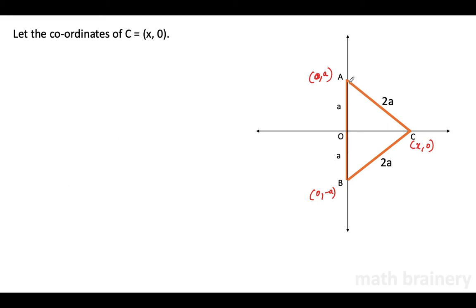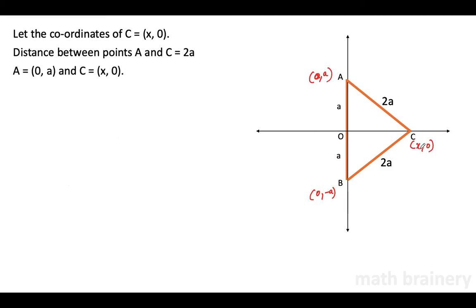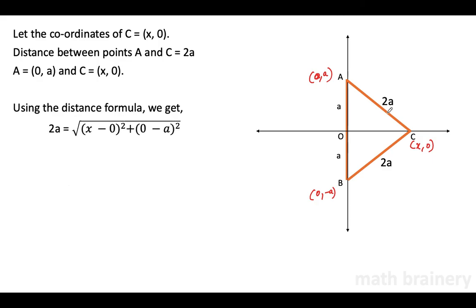So let me choose the point A for the ease of calculations. So we have the point A is 0 comma a and point C is x comma 0, and the distance between A and C is 2a. So using the distance formula, I can say that this 2a is equal to square root of x minus 0 whole square plus 0 minus a whole square.